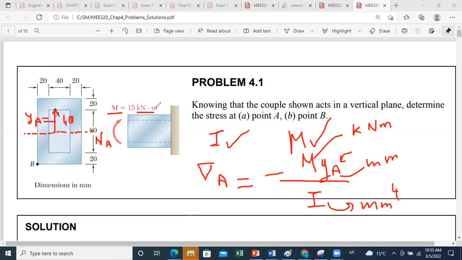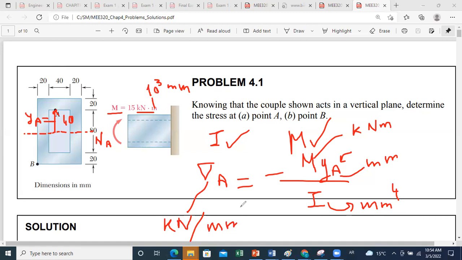You know that 1 meter is 10 to the power 3 millimeter. Okay, so you can then replace M by 15 times 10 to the power 3, and you keep YA in millimeter and I in millimeter 4, and at the end your result for sigma A will be in kilonewton per millimeter square.